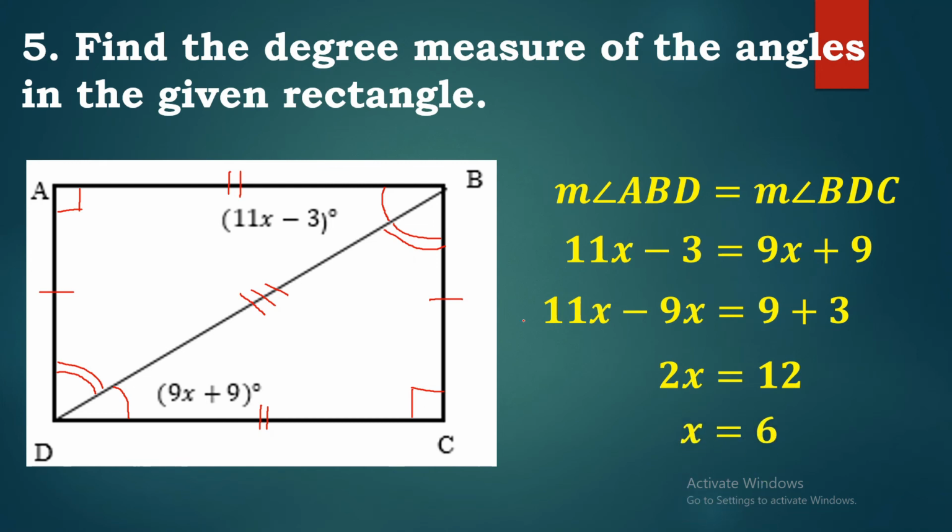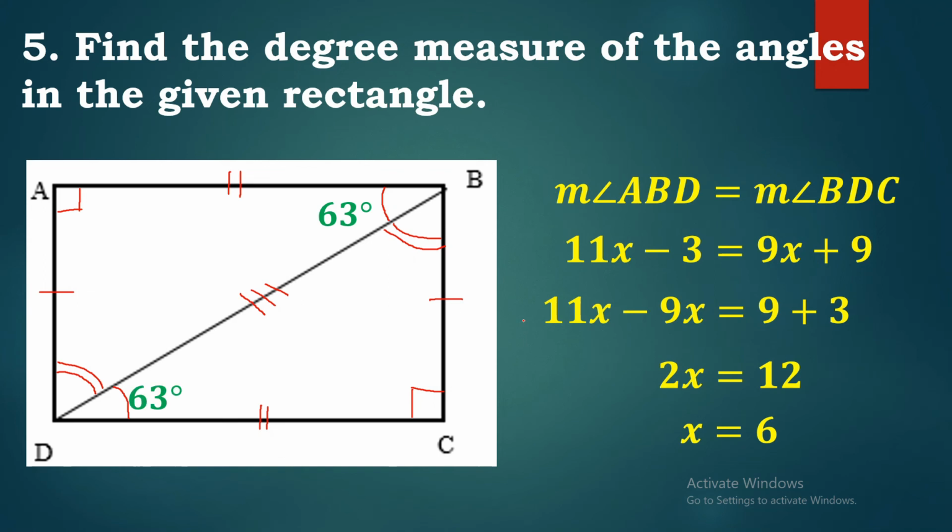So the measure of angle ABD is equal to 11 times 6 minus 3 by substitution. So that is 11 times 6, that is 66, minus 3, so we have 63. So the measure of angle ABD and the measure of angle BDC, since those two angles are congruent, we have both 63 degrees.